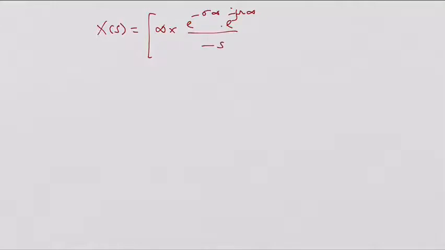The upper limit is substituted, minus the lower limit. When you substitute, it will become 0 multiplied by e power minus sigma 0, e power minus j omega into 0, divided by minus s, whatever it may be. When something is multiplied with 0, the entire term becomes 0. The upper and lower limits of the first term are substituted.